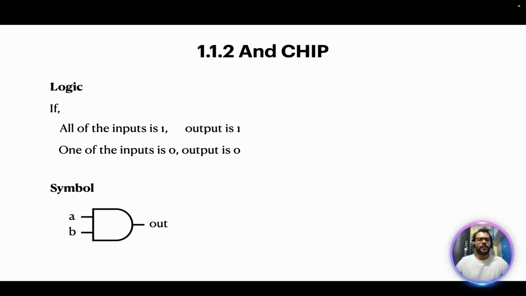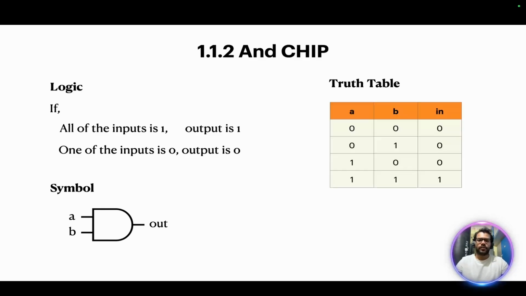If you have a circle, it becomes NAND. The truth table: when you have two zeros, it's 0. And when you have two ones, it is 1. Only when both the inputs are 1, it is 1. Otherwise, it is 0. And the notation used is A dot B or simply AB.